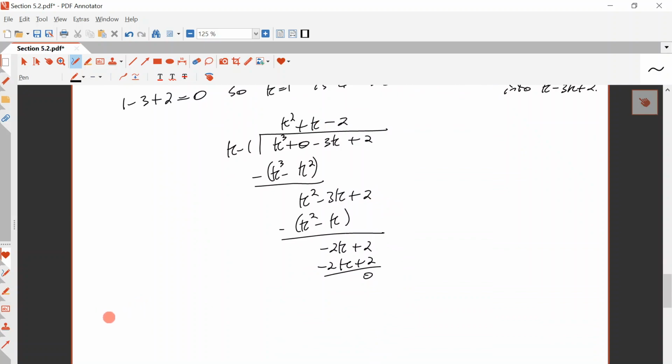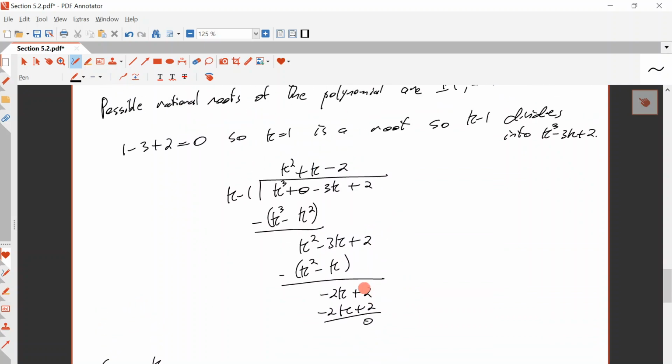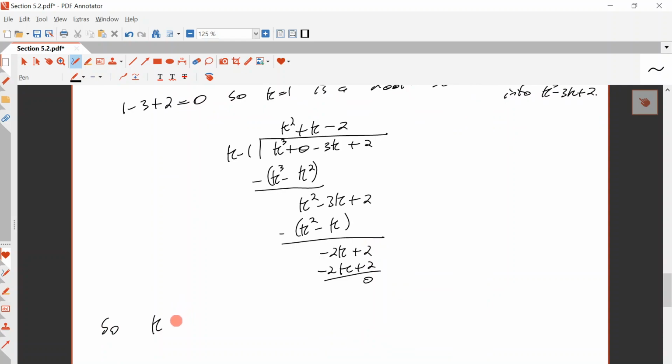Alright, so what was the polynomial? K to the third minus 3k plus 2 is equal to k minus 1 times the quotient, k squared plus k minus 2. You divided k minus 1 into here, and it gives you an even quotient because you have remainder 0.